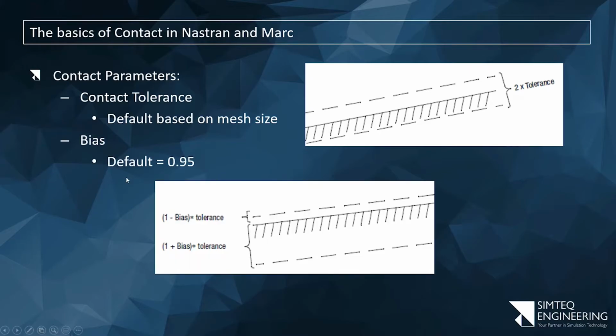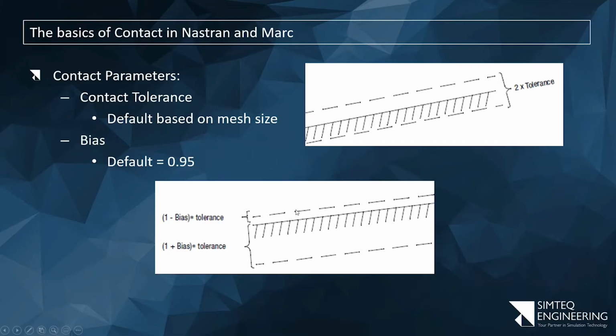The second parameter is called the bias. The default value is 0.95. So the purpose of the bias is to take this checking region, which, with a bias of 0, means the same tolerance outside as inside, and that total distance still stays twice the tolerance, but it moves it into the body. So this is 0. This is probably about, let's say, 0.7 or something.